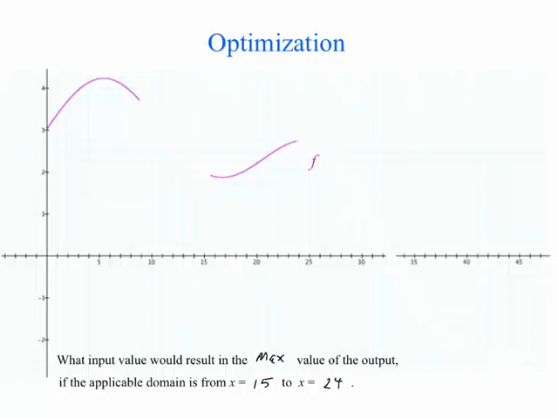How much distance is above the x-axis. And 24 appears to be the most distance on the x-axis.